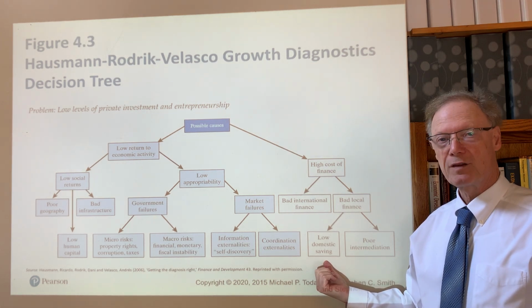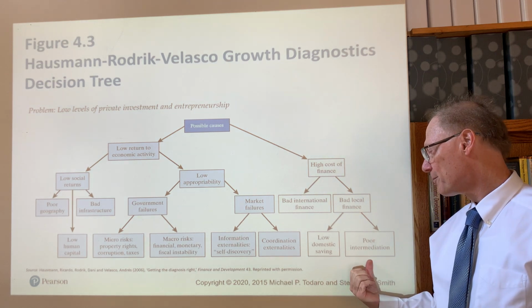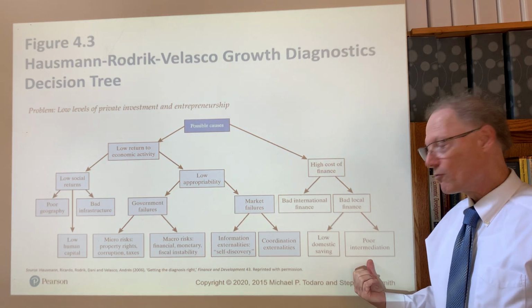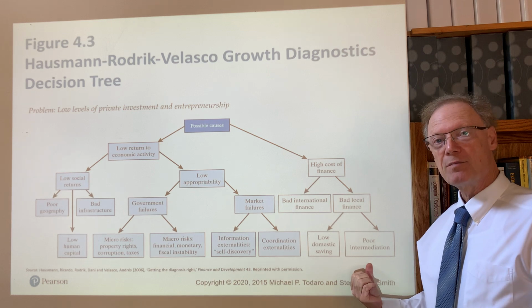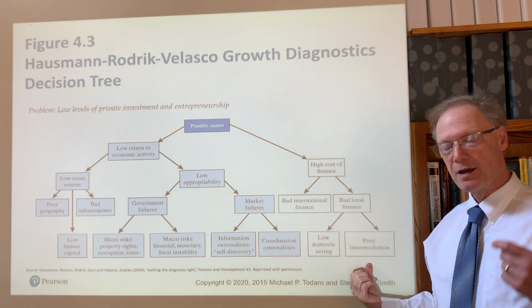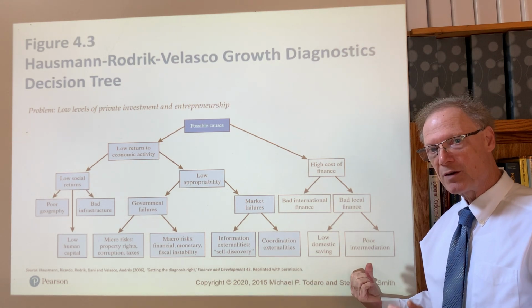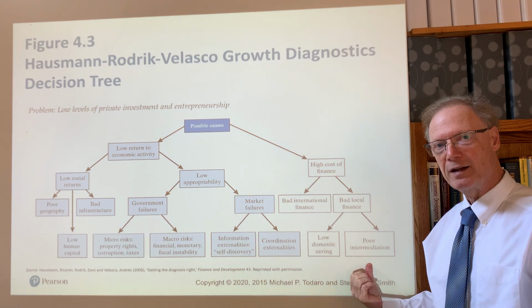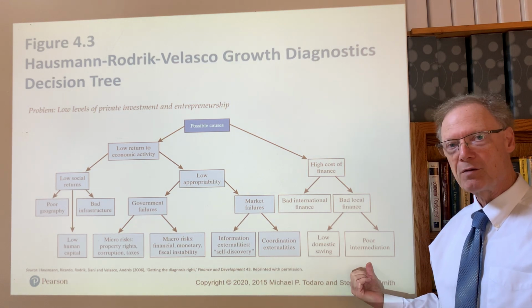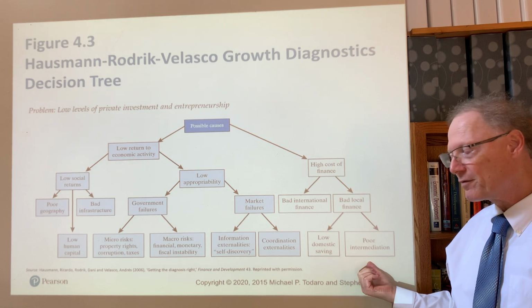It was inversely proportional to the ICOR. And the ICOR was an indicator in part of how efficiently that savings and then investment were used, translated into, if you want, subsequent economic growth. It's a measure of efficiency.